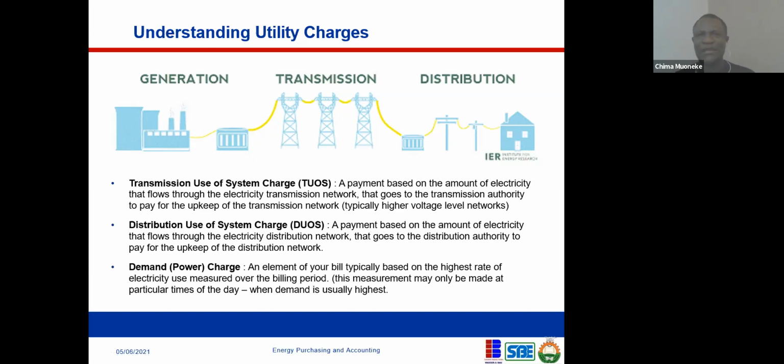In a further slide, I'm still going to explain the demand charge, but I'm just giving a little overview of what it is. It is a mechanism to discipline you as a consumer so that you consume electricity more responsibly. It's a mechanism to control your consumption behavior, so that you don't consume it anyhow.